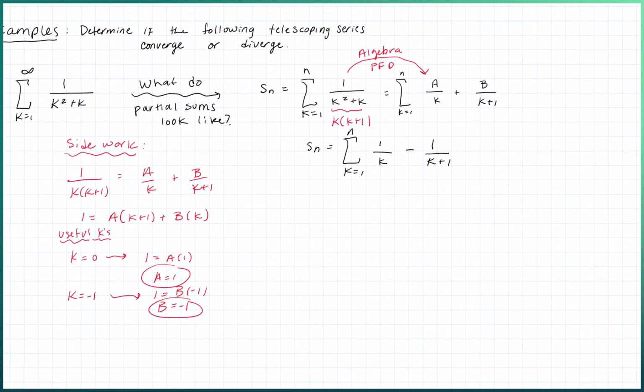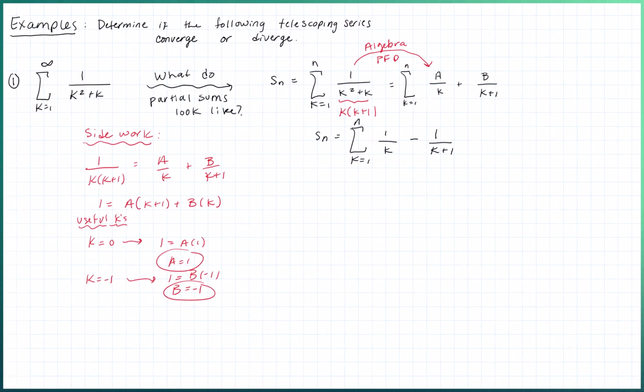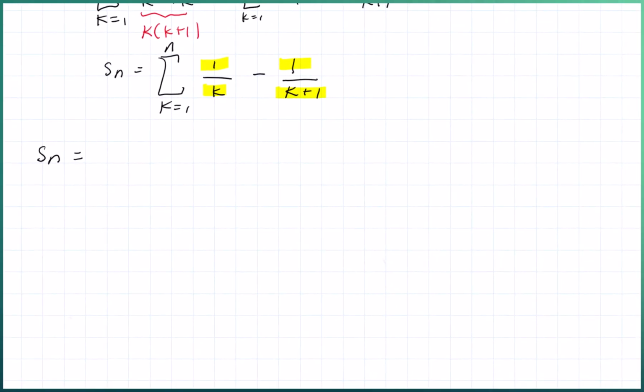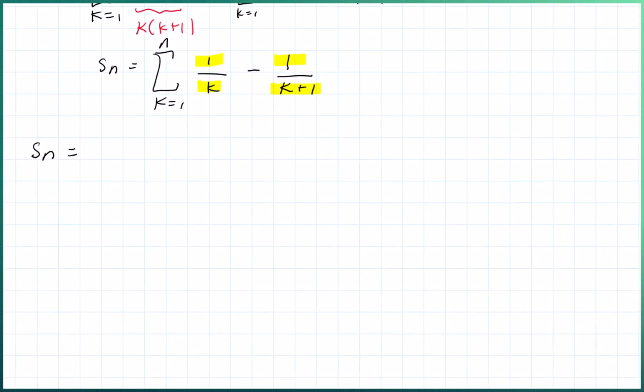Now, notice what's happening here. I've got a positive and a negative. I've got k and k plus 1. So let's write these out so we can actually see the telescoping. When I start to write out the terms in this sequence of partial sums, when k equals 1, the first term is 1 over 1 minus 1 over 2.